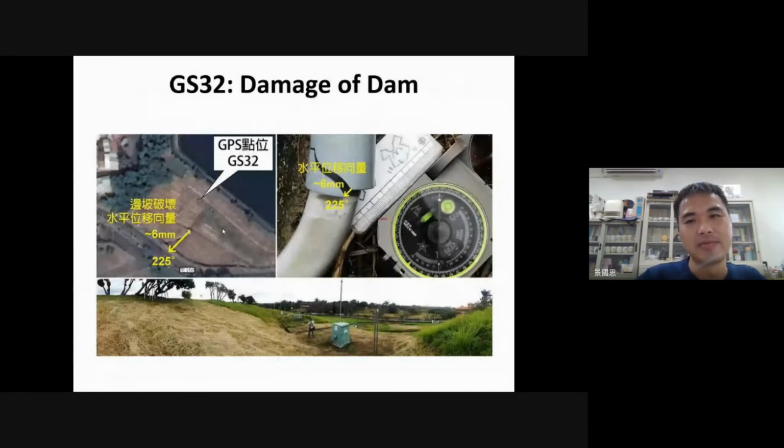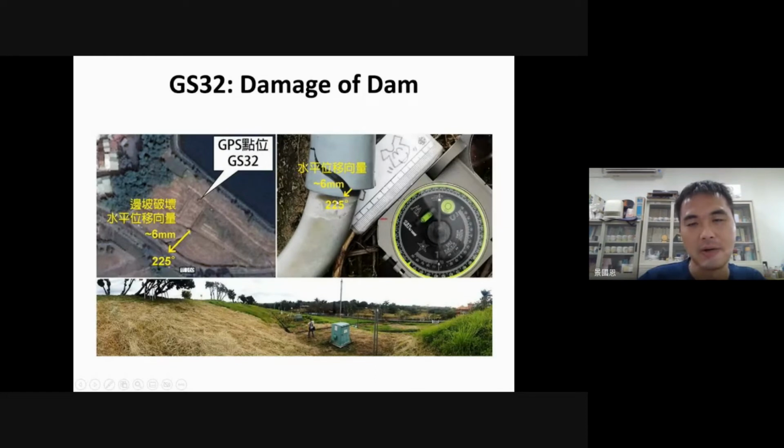And actually, once we go to the site, which is over here, then we will see that this site is on the dam of a water reservoir. During the earthquake, damage just occurred on this dam, so it caused sudden displacement.